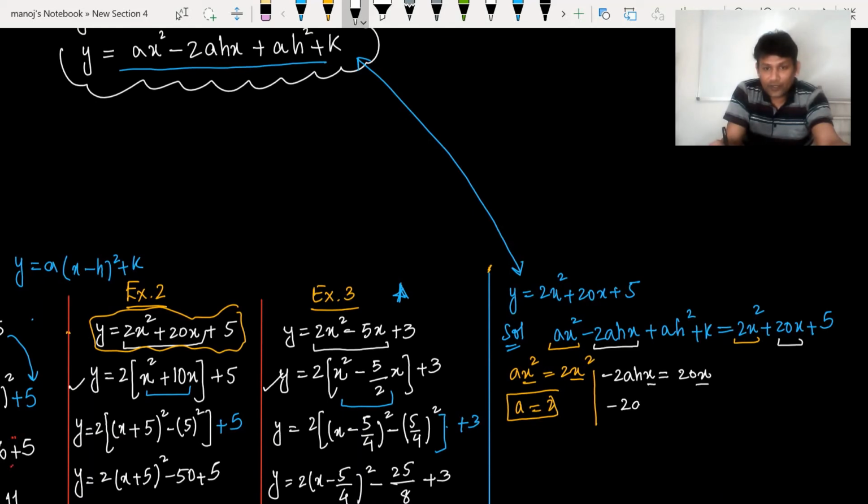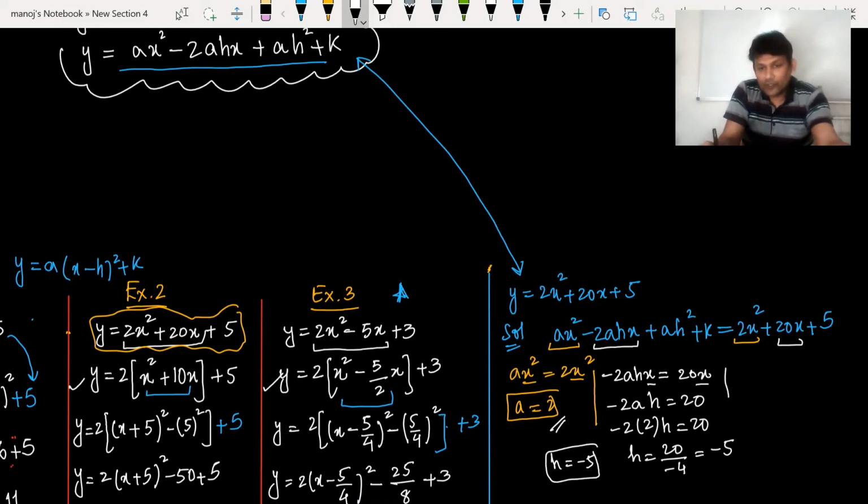Minus 2ah is equals to 20. What is the value of a we have found here? This 2, minus 2, this 2, and h is equals to 20. So h is 20 upon minus 4, and h is minus 5. Okay, so now we have the value of h also, that is minus 5.